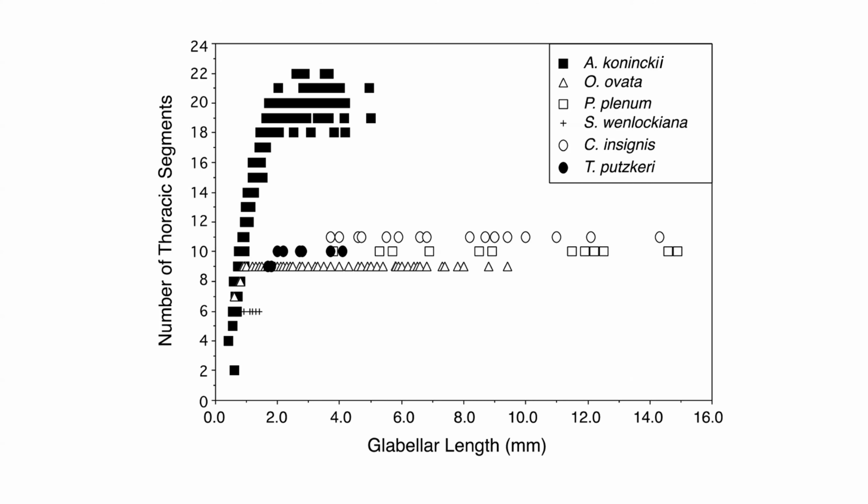Most trilobites are very well behaved. They're adding segments as they're getting bigger, and then they get to a certain number, and then they stabilize, and they go on molting, but they don't change the number of segments.